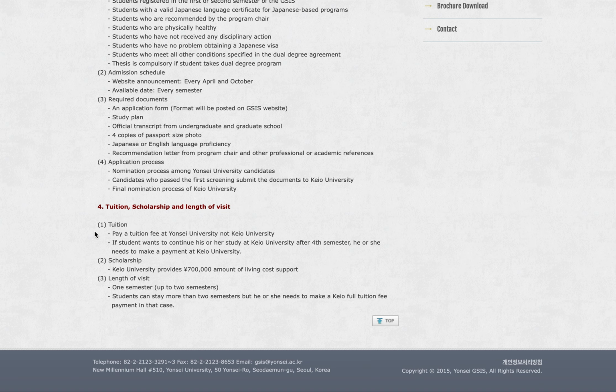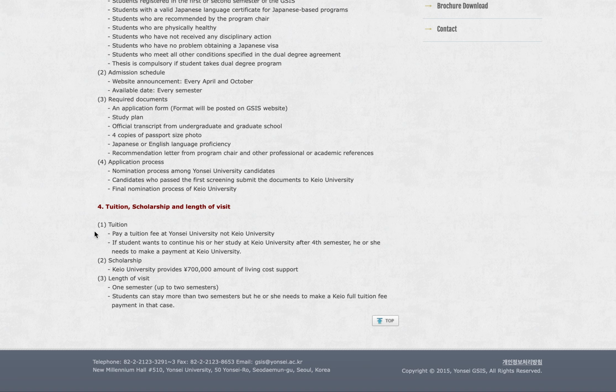And the second process is that candidates who passed the first screening submit the documents to Keio University. In this process, if you pass the first nomination at Yonsei University, then this deal has been done. Actually, you should be confident that you would be admitted by Keio University.